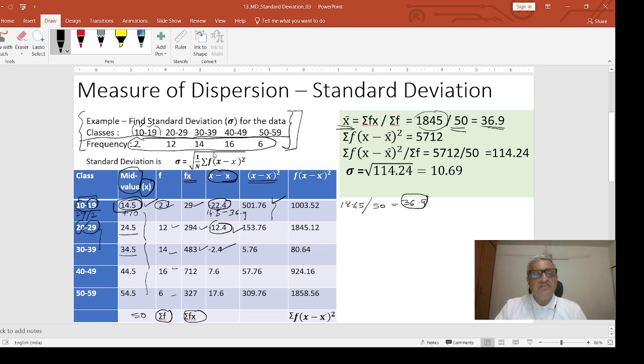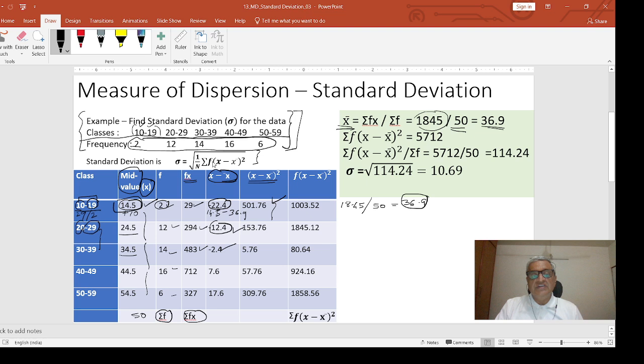Since we have data in the form of a frequency table, you would notice a difference between the formula we used in our normal observations for SD and this particular formula.